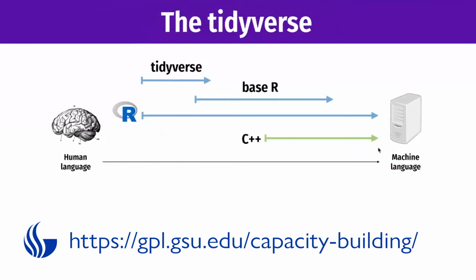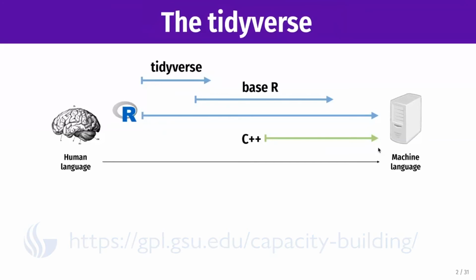The reason why I like using the tidyverse when teaching, but also in my regular data analysis, like in the actual research I do, 100% of my stuff is with tidyverse, because it's just a neat way of thinking about data and a language for manipulating data and graphing and plotting data.